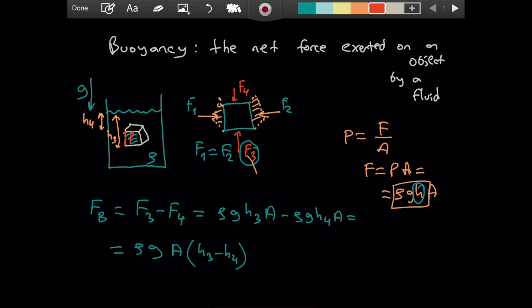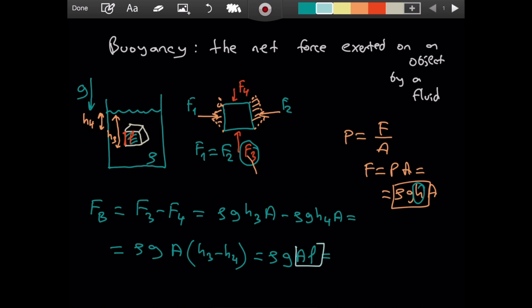I can call that L. So h3 minus h4 will give us L, the length of the side of the cube, which means this is equal to rho g AL.